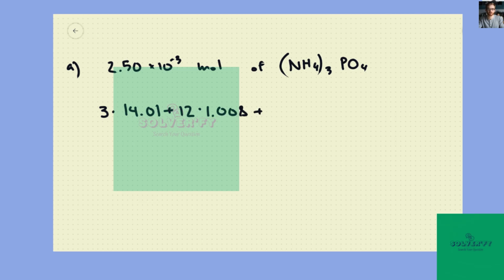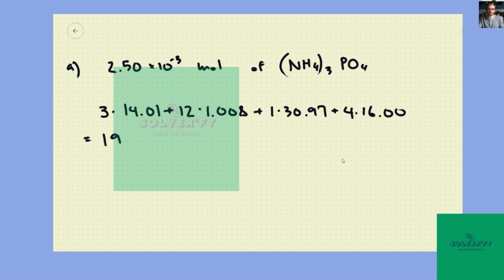There's 1 phosphorus, 30.97. And there's 4 oxygens, 16.00. So we can multiply all these together. 3 times 14.01 plus 12 times 1.008 plus 30.97 plus 4 times 16.